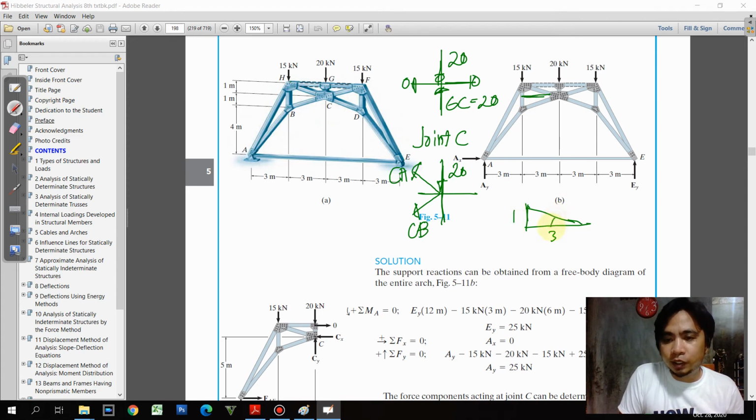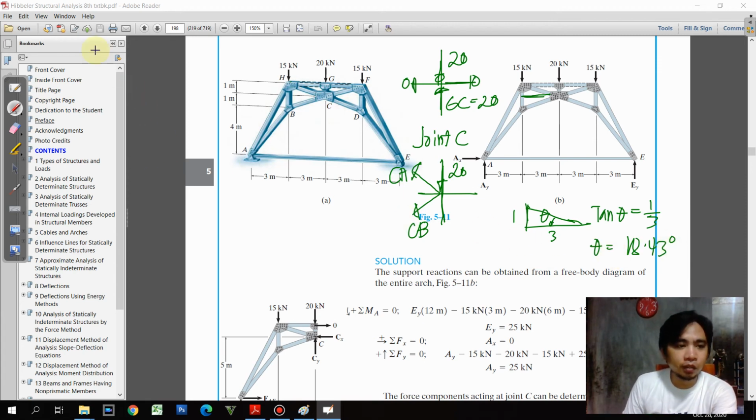So obviously we can get the angle here, say theta. Tangent theta is just equal to 1/3, so that we come up with an angle of 18.43 degrees. So just indicate the angle here, 18.43. So this is the illustration here.